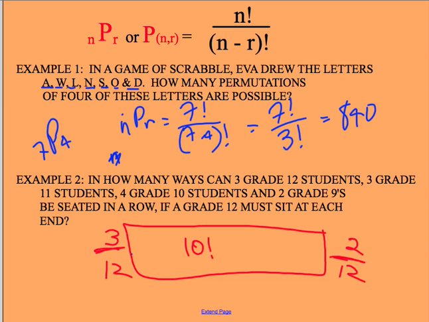So in this case, it would just be 3 times 10 factorial times 2, and that would give me my answer. But again, that's just another situation where you've got some restrictions to work out.